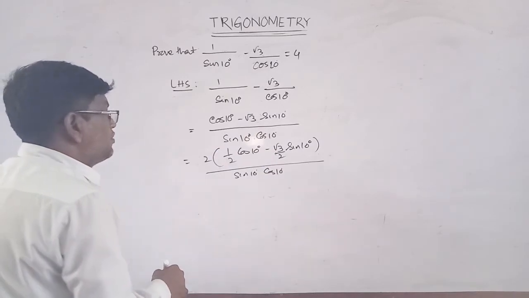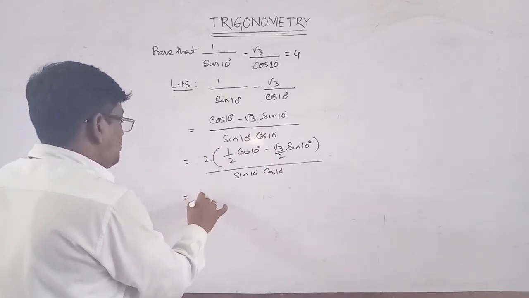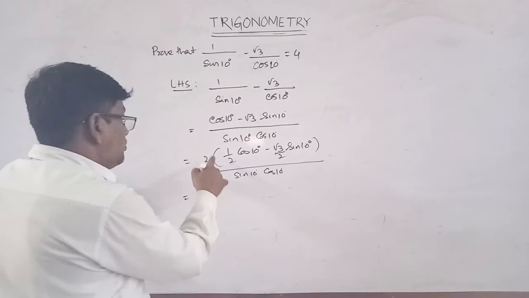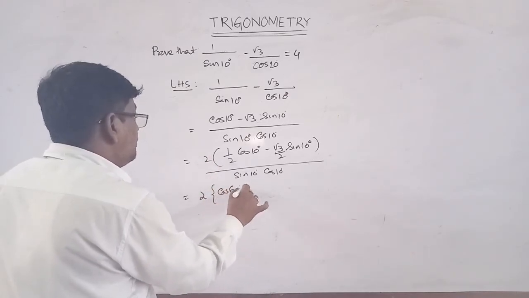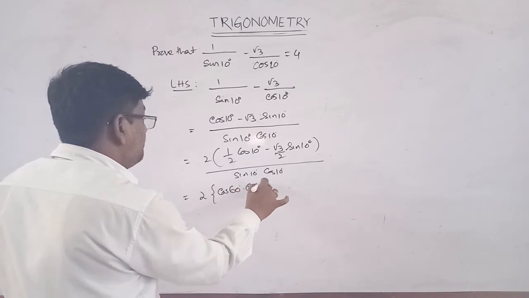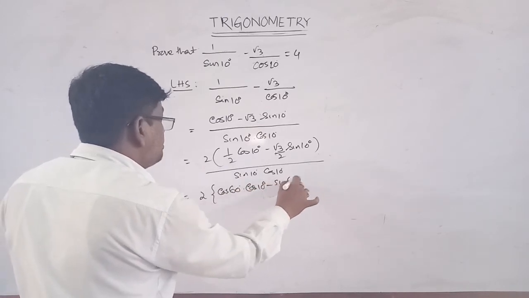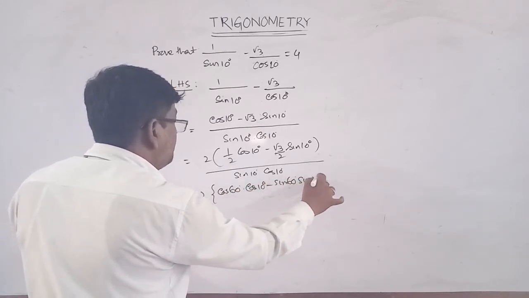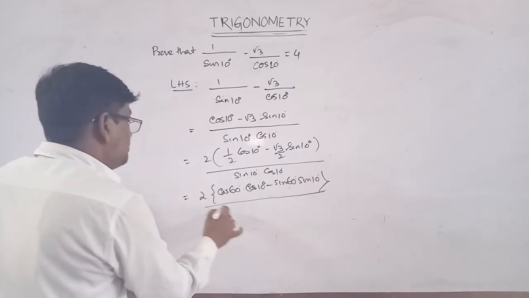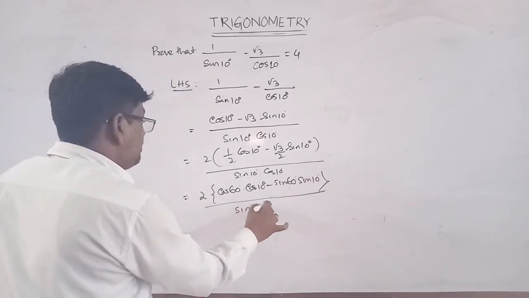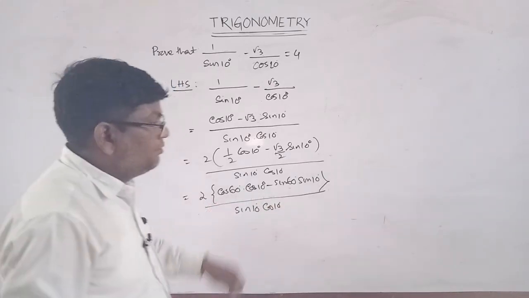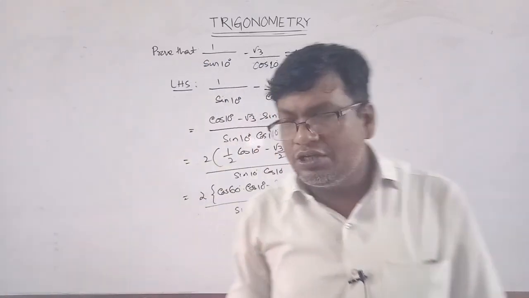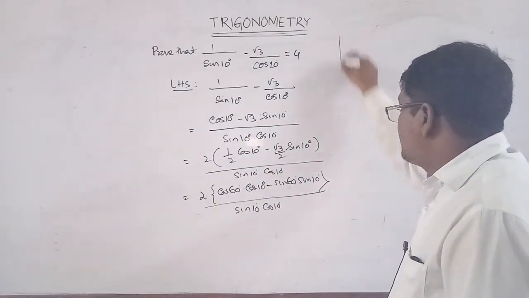So this is equal to 2 into (cos 60 degree into cos 10 degree minus sin 60 degree into sin 10 degree) divided by sin 10 degree into cos 10 degree. Cos A cos B minus sin A sin B, this is the formula for cos (A plus B).